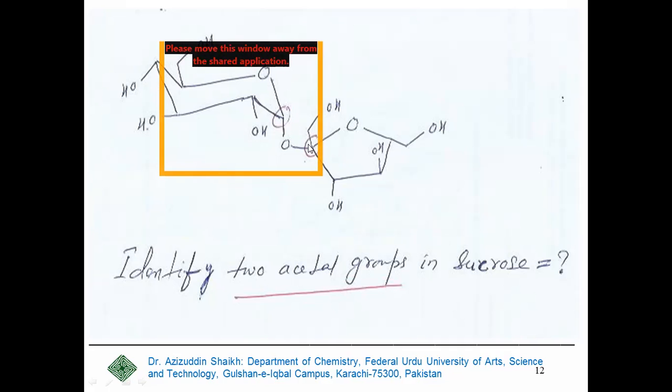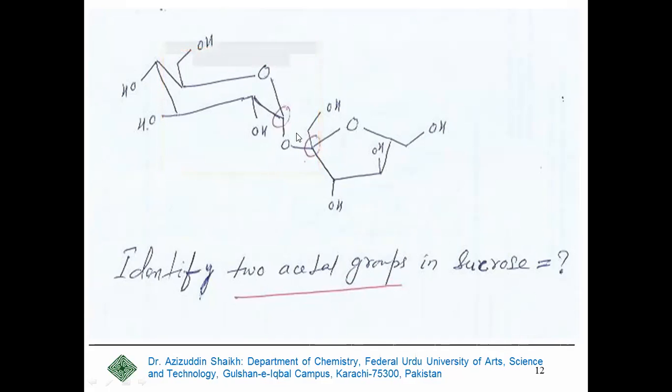First, this one, alkoxy group, this one, and alkoxy group, this one. This is alkyl, and this is also alkyl. So this is alkoxy, and this is alkoxy. First acetal, second acetal, this is alkoxy group OR, and second alkoxy group OR. So two acetal groups are here in the molecule of sucrose.